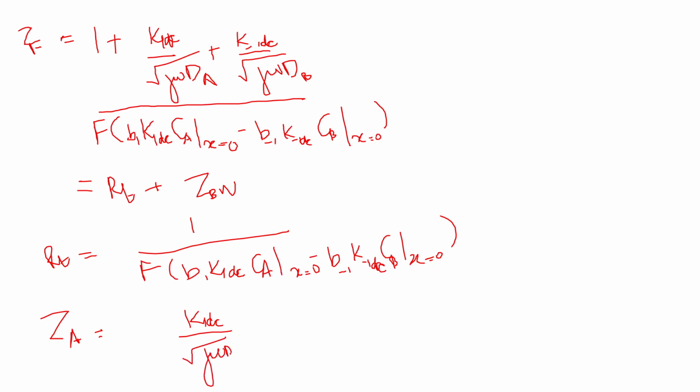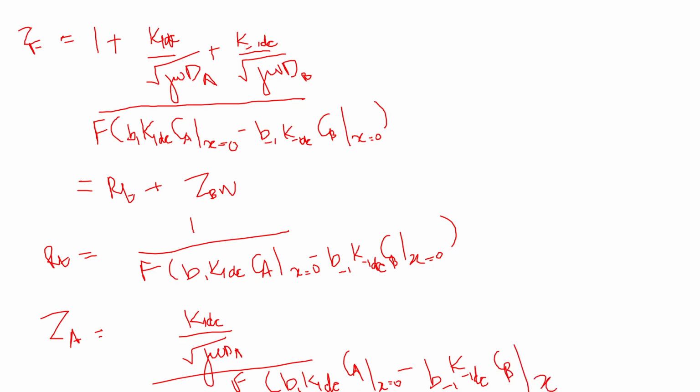J omega dA by F, B1 K1 DC CA at x equal to 0 minus B minus 1 K minus 1 DC CB at x equal to 0.